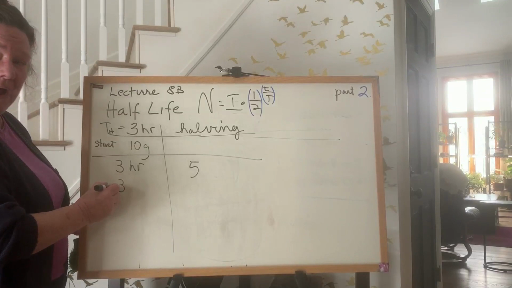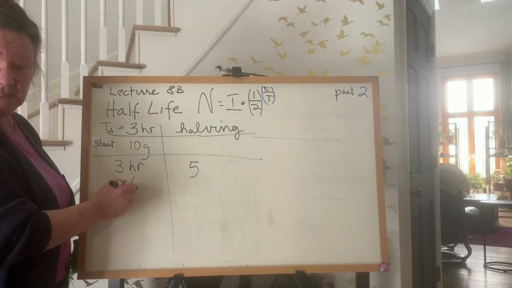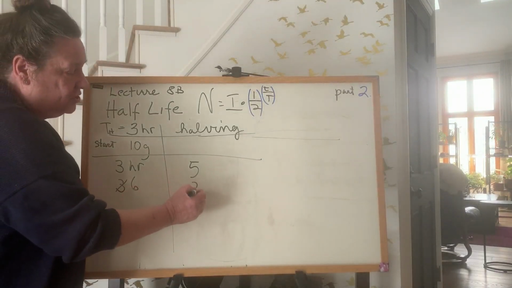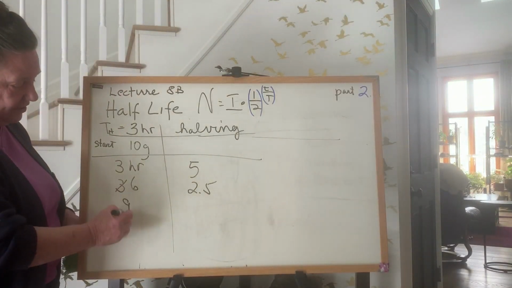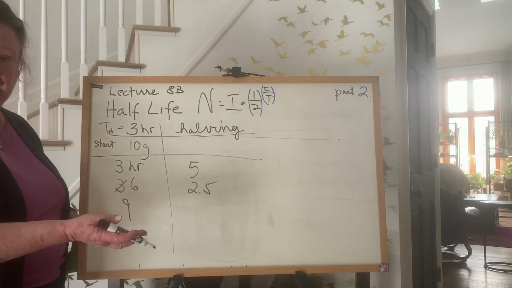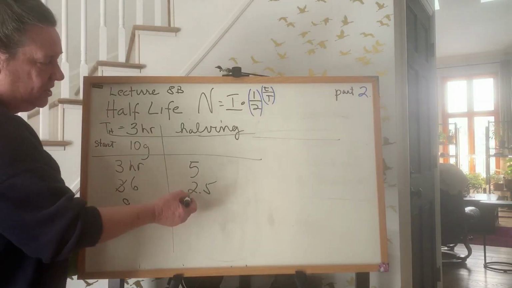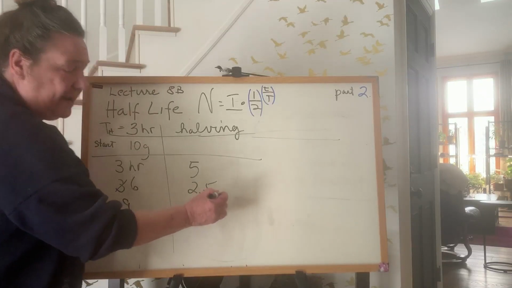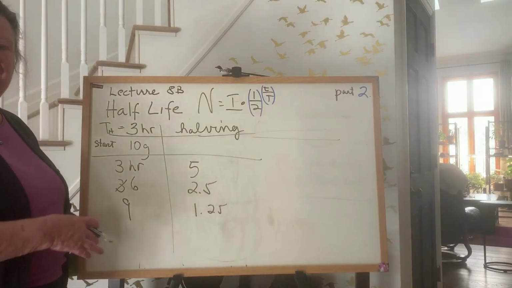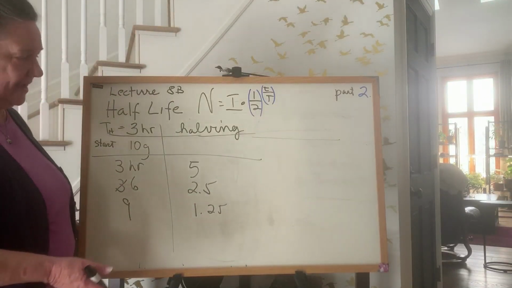After 3 more hours, now really 6 hours, we have 2.5 grams. After 3 more hours, which is 9 hours into the experiment, we have 1.25 grams. Okay, I could go on and on and on, okay?